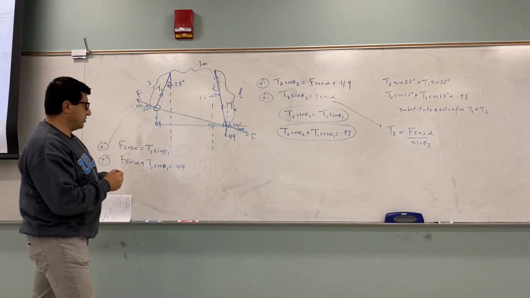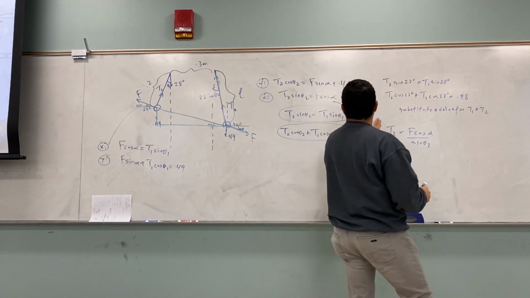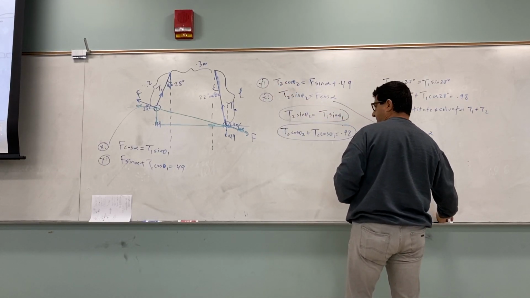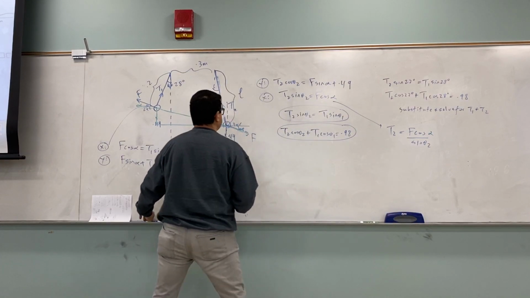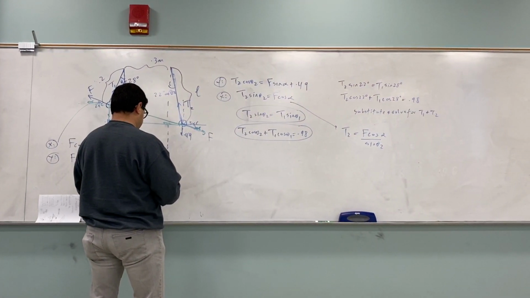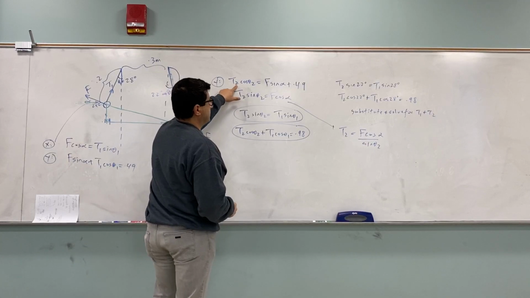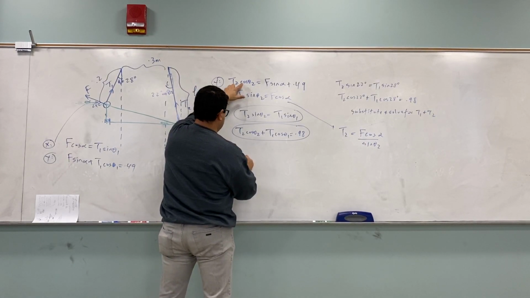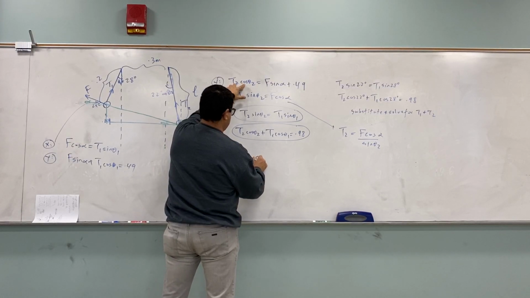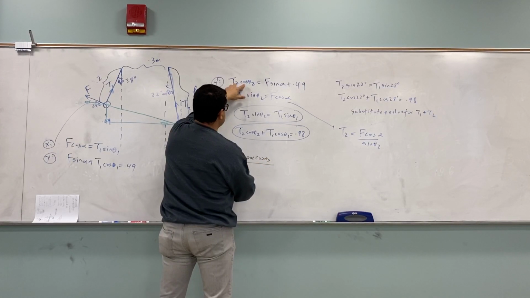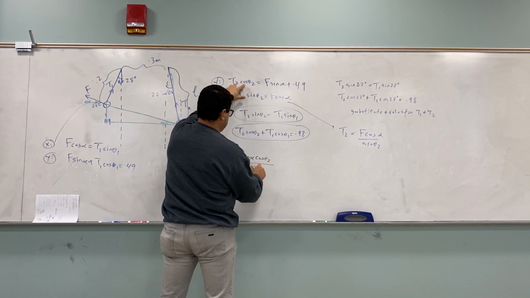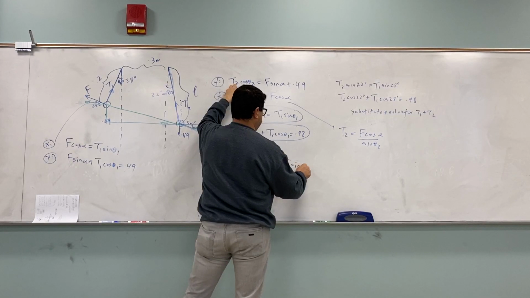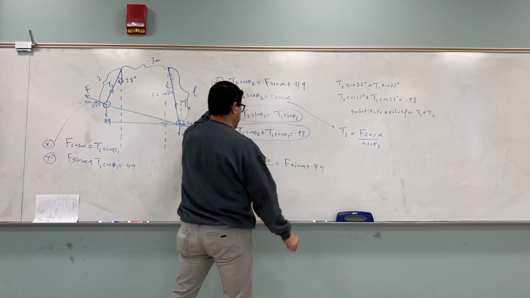See. So now I take that, solve for T2, substitute it into that T2, then what do I get here? Then this becomes what? F cosine alpha cosine theta 2 divided by sine theta 2 is equal to F sine alpha plus 0.49.